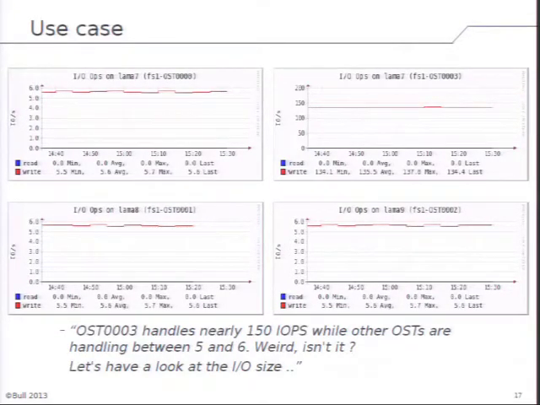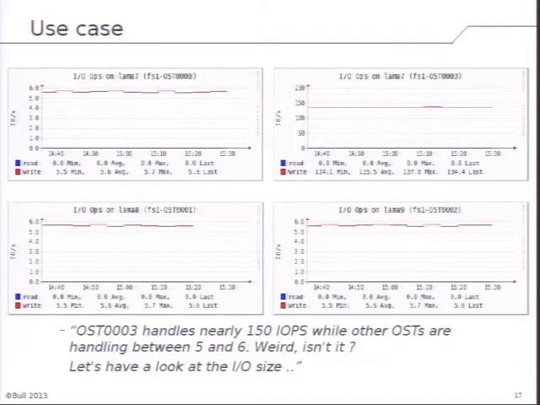On the IOPS side, we see that 3 of the OSTs are handling between 5 and 6 IOs per second, and the last one is more than 100. There's something weird. So there is something really bad happening in this.